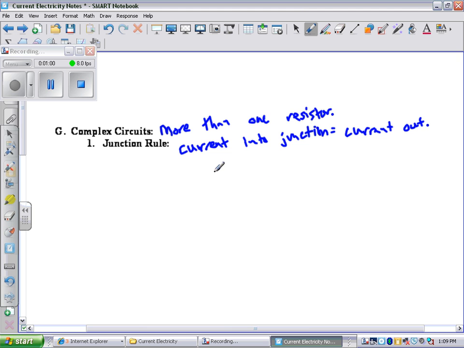It's a pretty simple rule, and it's basically a conservation of charge. If 10 electrons flow into the junction, 10 electrons have to flow out. An example problem for that might look something like this.